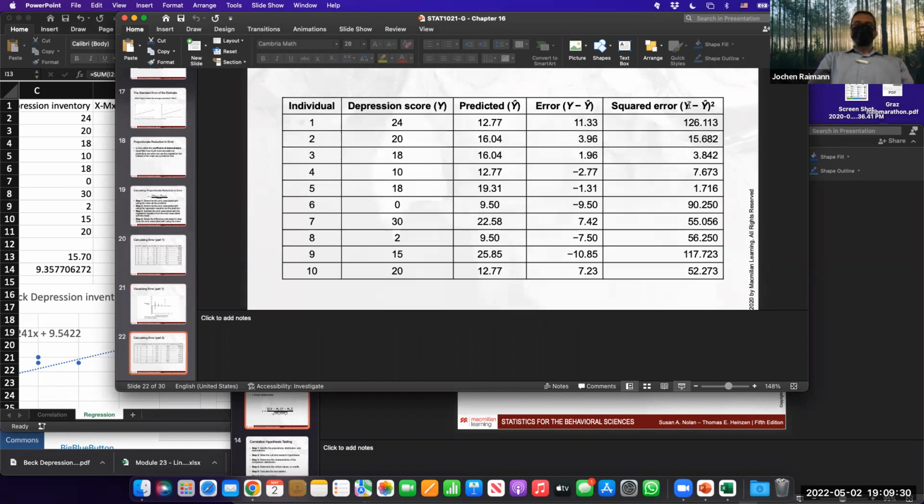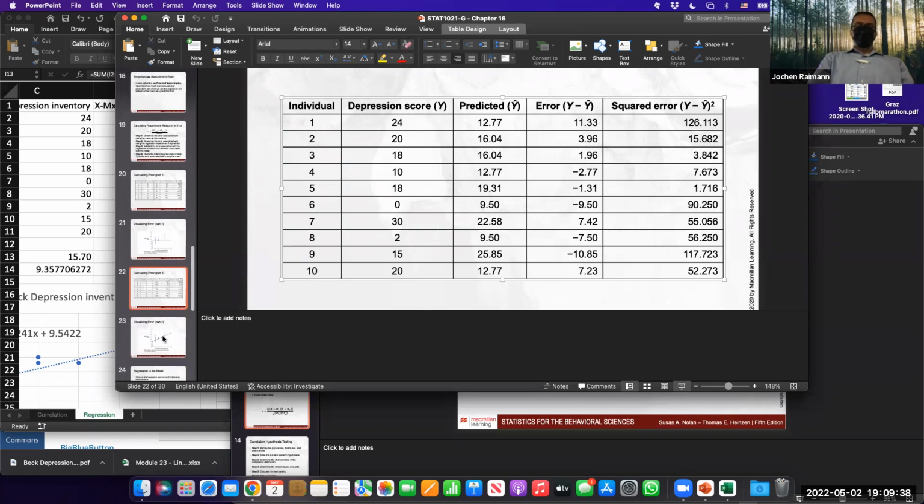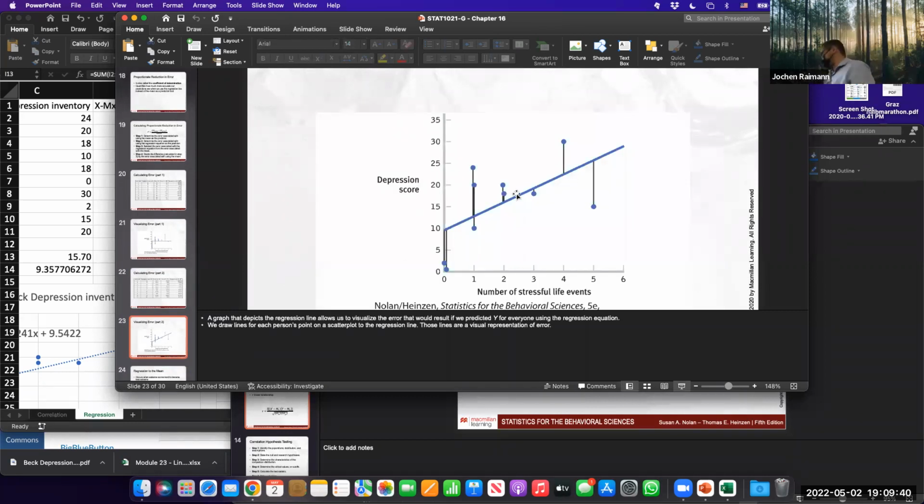Now the squared error of y minus y hat squared gives us these differences, which are called residuals. This is the error and the inaccuracy of the prediction.